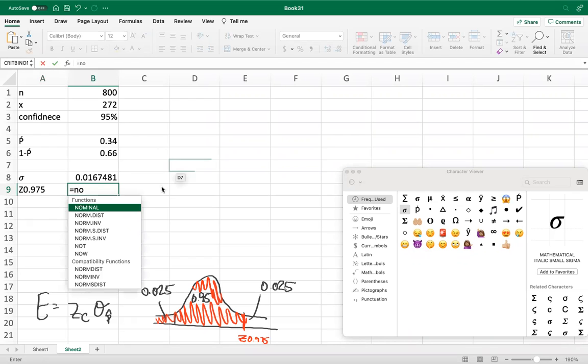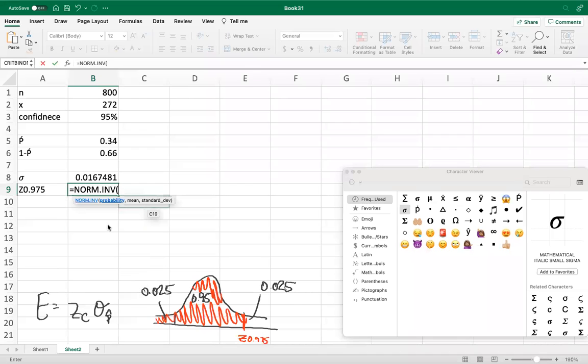Is it normal distribution or normal inverse? Normal distribution, do we need an area? Normal inverse, do we have an area? So here we have an area that we need the associated z-score for. So the probability in this case is going to be the area, 0.975. Because we're looking at the standard normal distribution, we just need the standard z-score, with a mean of 0 and standard deviation of 1.